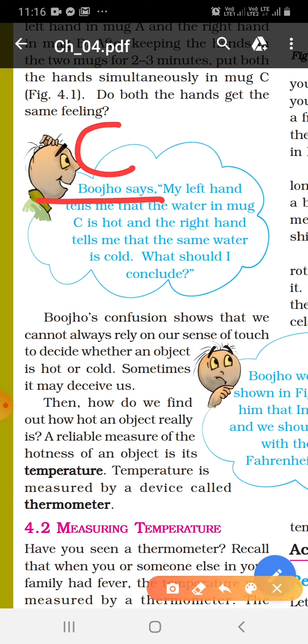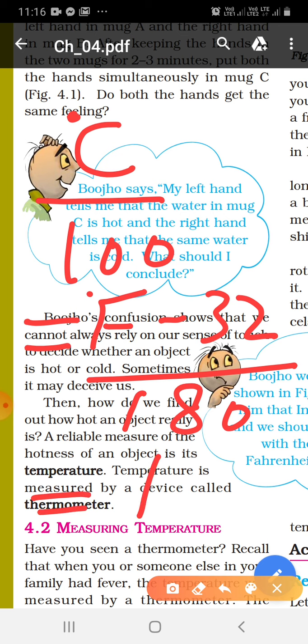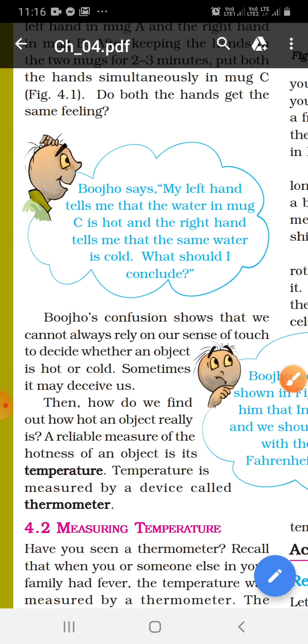C, the reading in degree Celsius, upon 100 is equal to F minus 32 degree upon 180 is equal to K Kelvin upon 100. Clear to all of you? This is the relation between these three scales.